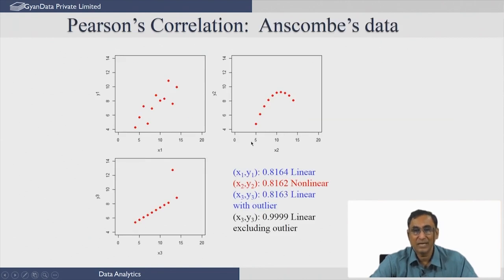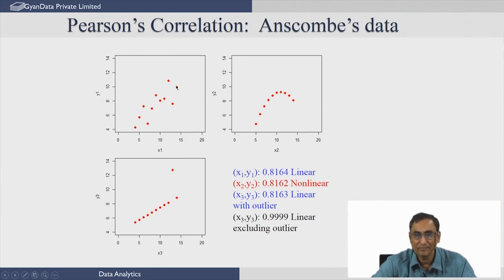So, let us look at some examples. This is a very famous data set called the Anscombe's data set. Here there are 11 data points. There are 4 data sets, and I have only shown 3 of them. Each of them contains exactly 11 data points corresponding to xi and yi. These points have been carefully selected. In the first one, if you plot the scatter plot, you will see that there seems to be a linear relationship between y and x.